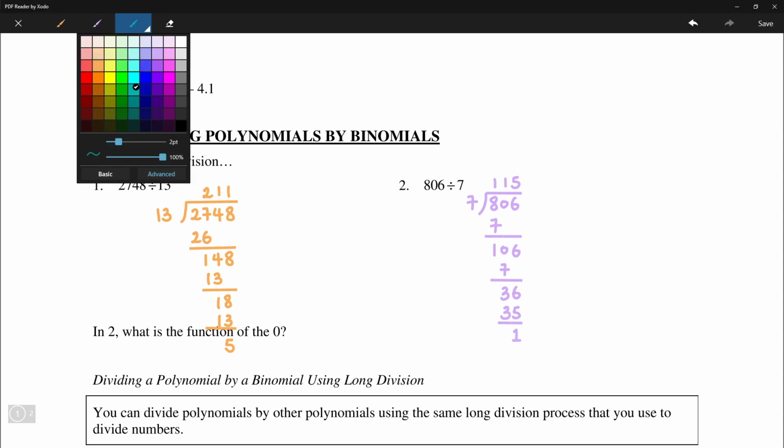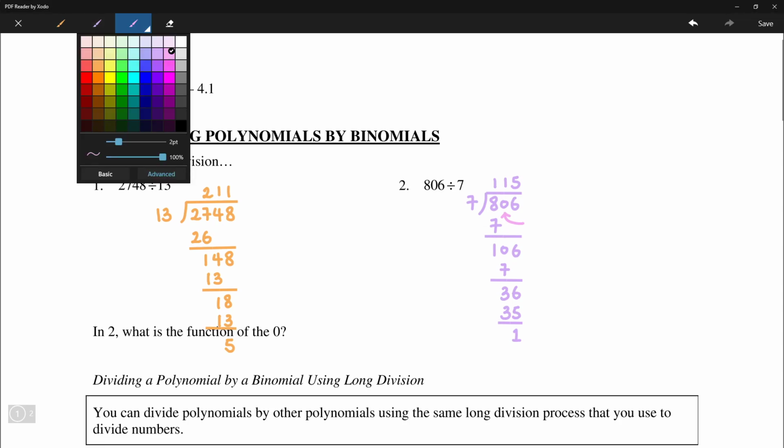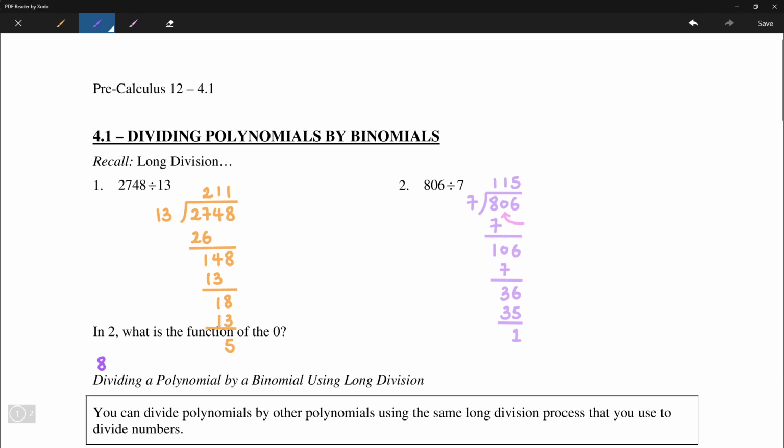So quick aside here, we have this 0 in 806. So what is the 0 doing in that space? Okay, so if we were to think about it, 806 is really 8 times 100 plus 0 times 10 plus 6 times 1.